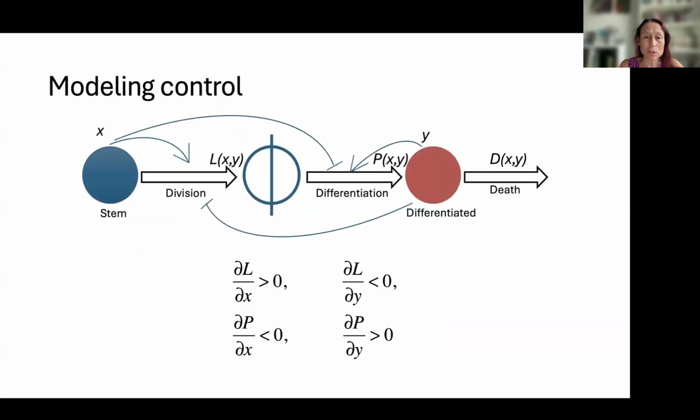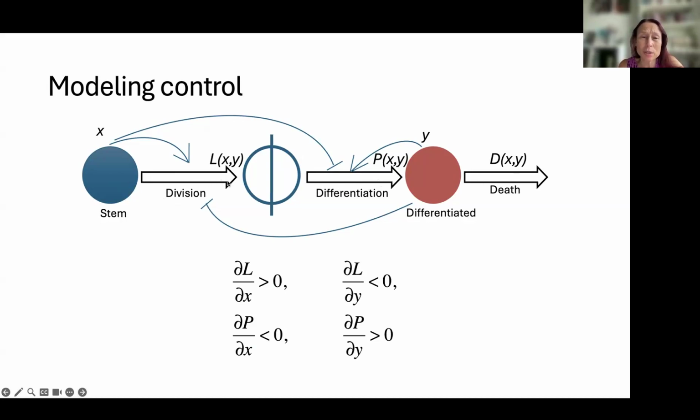And this is done by saying that all the rates are functions of the populations. So the population of stem cells we call X, the population of differentiated cells we call Y. Their different decisions are denoted by different letters. In this simple system, there are only 2 types of cells and only 3 types of processes: division, probability of differentiation, and death.